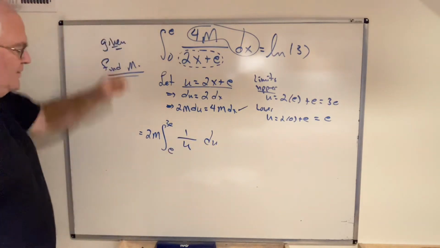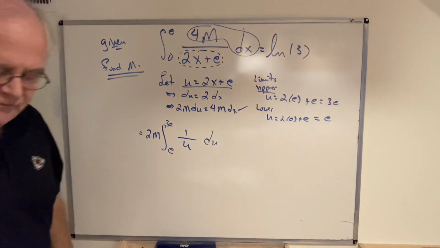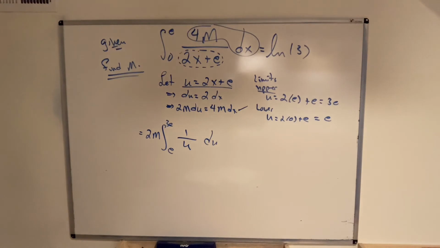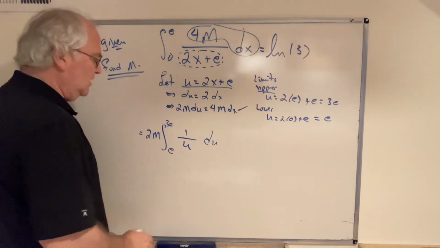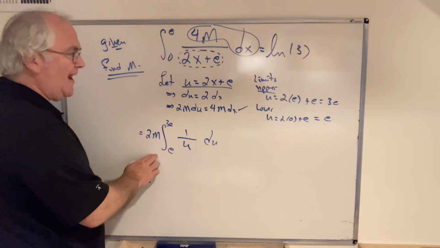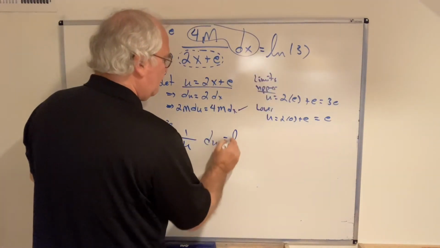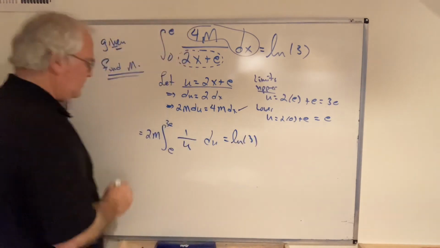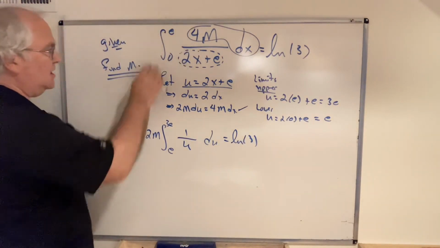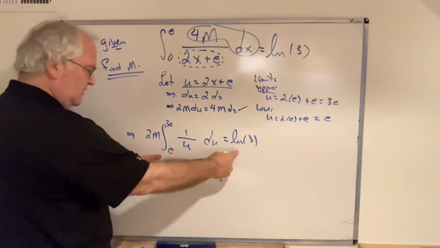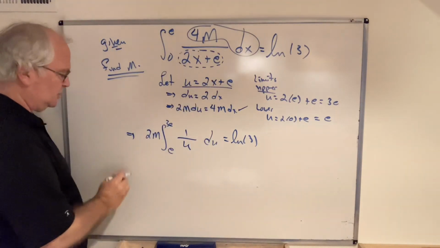And so I'm left with 2m times 1 over u du. So do the calculus. Let this m just come along for the ride. And we know that this entire expression is equal to the natural log of 3. So this equation implies this equation because of the substitution.